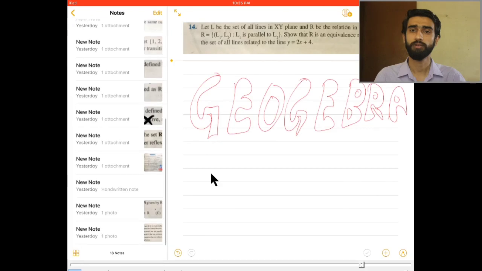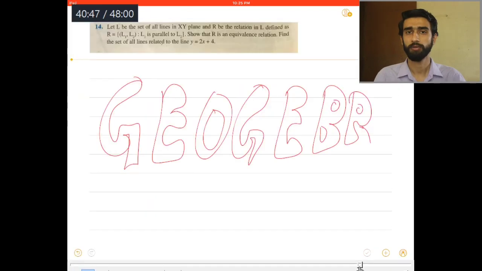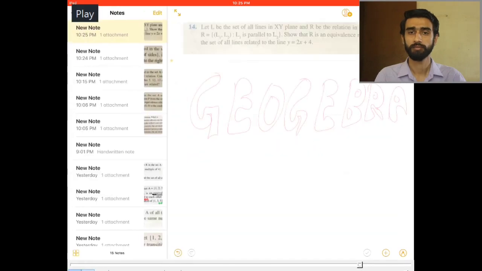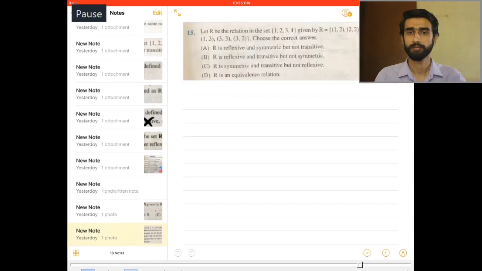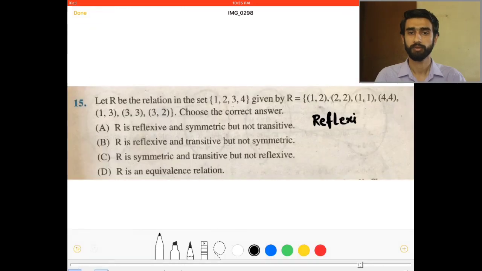Now we will do this in GeoGebra. Before doing the 15th question, let's do this part in GeoGebra. So let's go back to our GeoGebra.